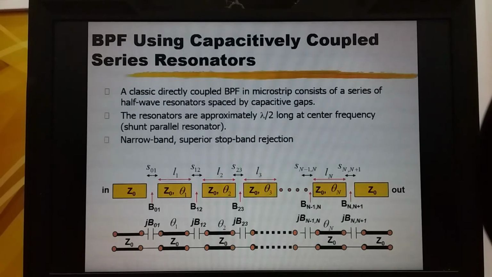Similarly, from one resonator to another resonator, the coupling is done through a gap, a series capacitor. The more resonators we use, the higher is the filter order. That means the faster is the roll off in the stop band.